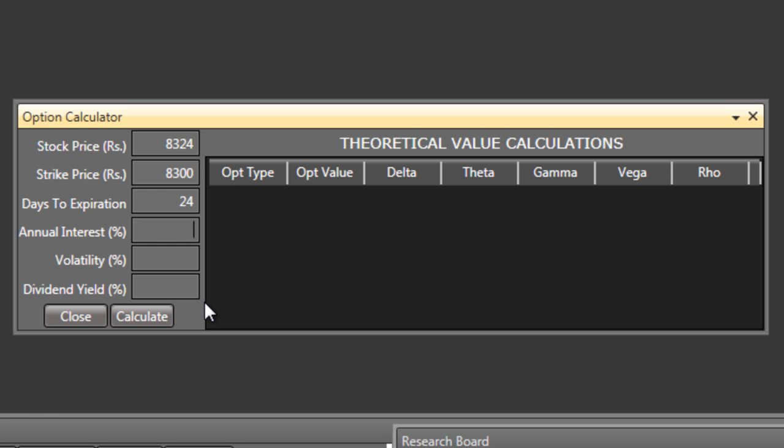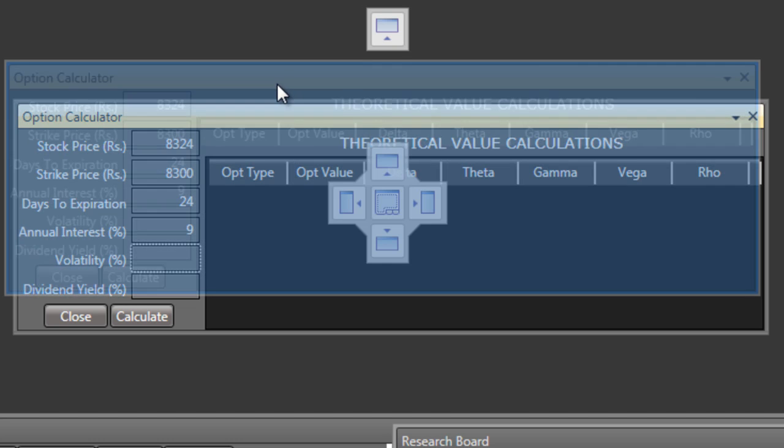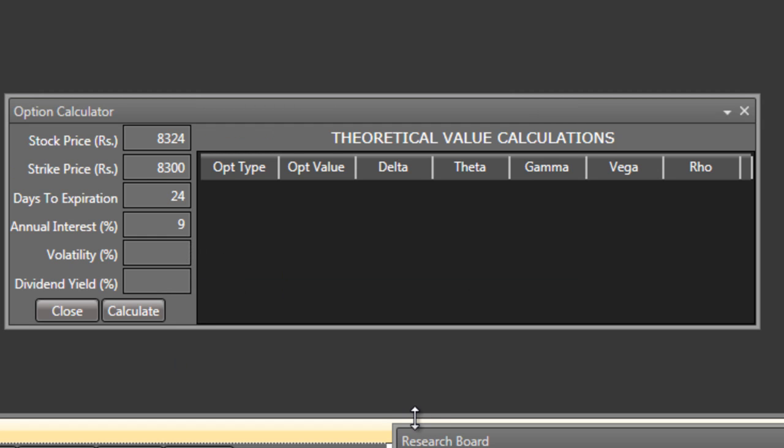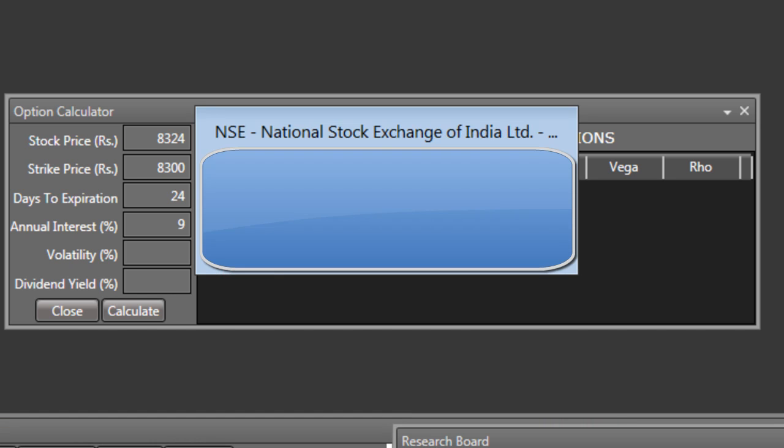For the annual interest rate, I understand it is 9% currently, which is normally the risk-free rate offered by the government, on government bonds or treasury bills. Now the volatility, again we have to find out from the option chain available on the National Stock Exchange website.